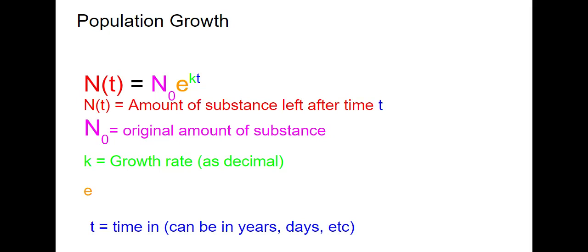Now, unlike population and our compound interest, we are allowed to use time not only in years. Some things have half-lives of years, some have half-lives of days. Medicine, some of them have half-lives of minutes or hours. So time here can be different than years.